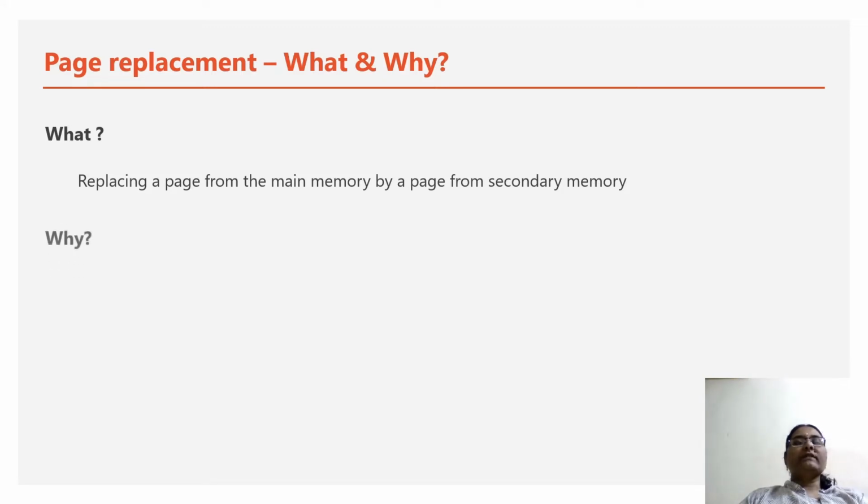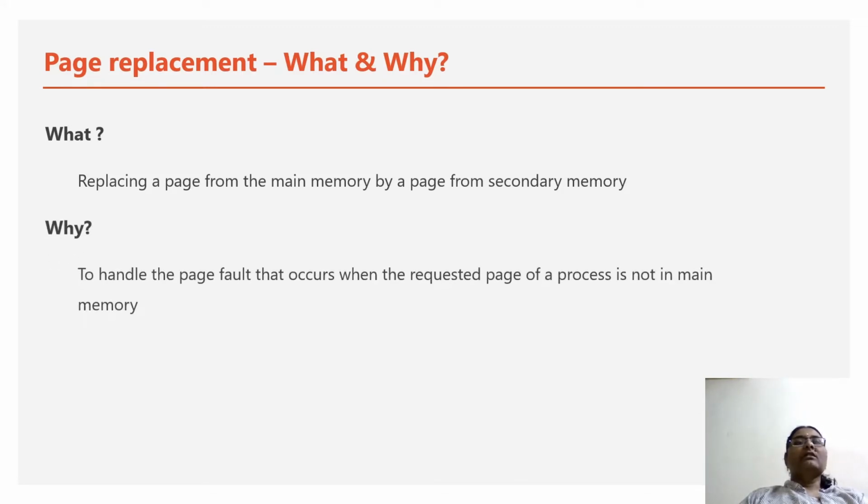So why is it required? Whenever a page is required to be executed, if that particular page is not available in main memory, then we will encounter a situation called page fault. That is, the page is not available in the main memory. To handle the page fault effectively, we have a concept called page replacement.